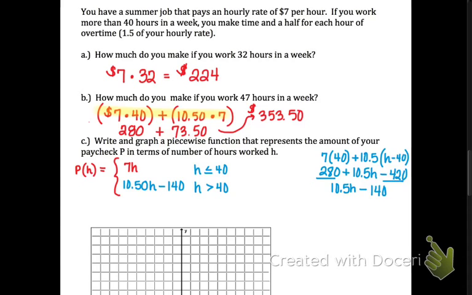And again, we don't want to include 40 this time for two reasons. One, we've already included it in the previous interval and you can't include it twice. But secondly, because the second you step over 40 hours, that's when you're making more money. If you work exactly 40, you're not technically getting overtime yet.